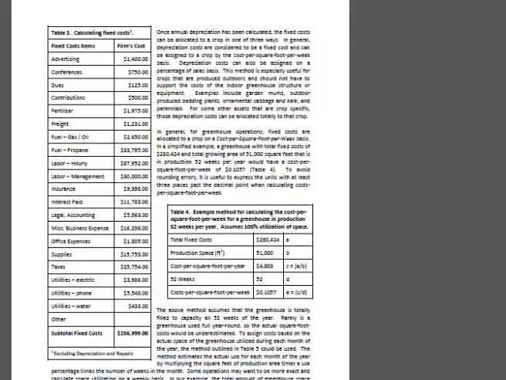So if we return to your book on page 4, Table 3 has a listing of fixed costs for the greenhouse that was growing the poinsettias on page 3. Here you'll see again that fixed costs are things that are going to be incurred regardless of whether a particular crop is grown. So, for instance, advertising. Your advertising fixed cost is $1,400.